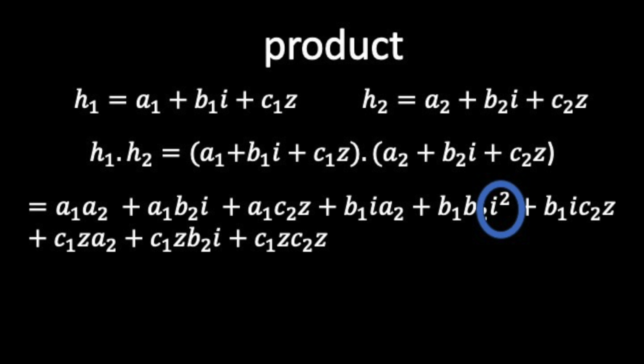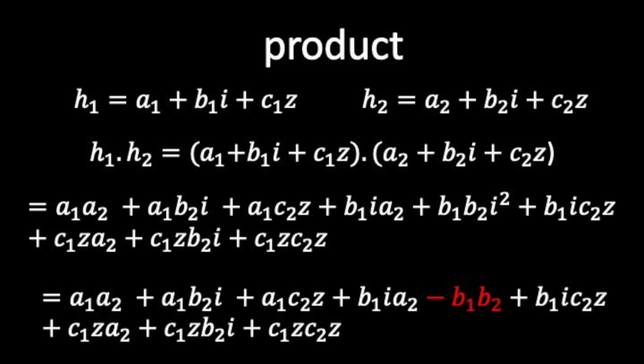i squared is, as we know, equal to -1. So the expression can already be rewritten by replacing b1 b2 i squared by minus b1 b2.